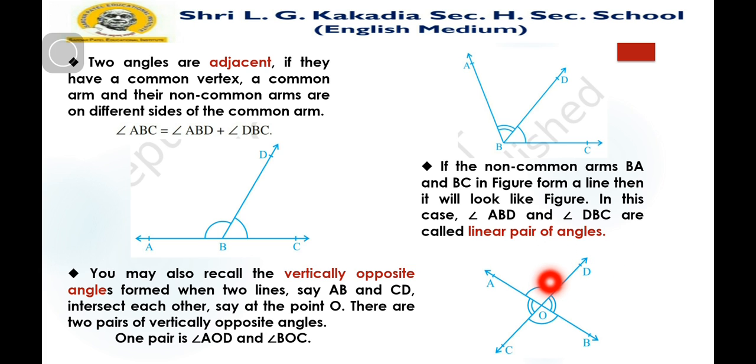So the opposite angles AOD and COB are both vertically opposite angles, and also AOC and DOB are vertically opposite angles. Here one pair is angle AOD and BOC, both are vertically opposite angles. So you have already known about it.